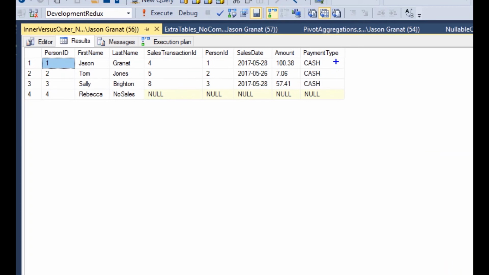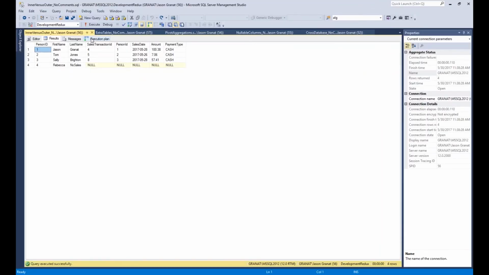What we've said is I'm left outer joining that sales transaction table to get transactions where we had a person that may not have had a sale, but for the ones that did have a sale, for transactions that we do have matching records for, I only want those cash transactions. So I get 4 records here. I get Rebecca's record with no transactions, and then the other 3 that did have sales transactions.